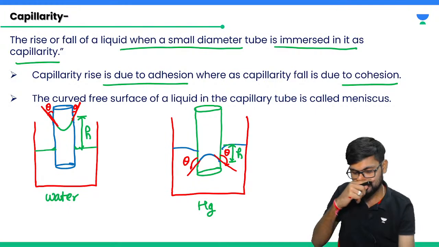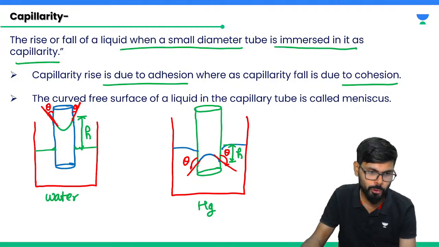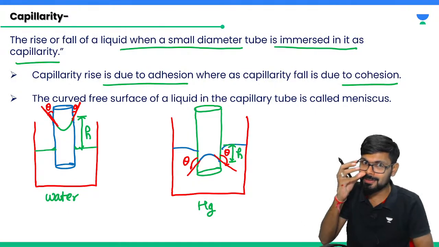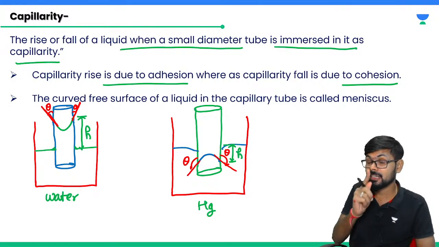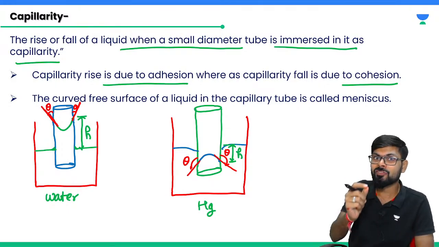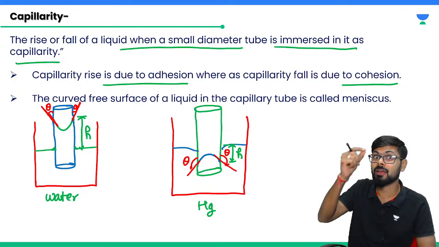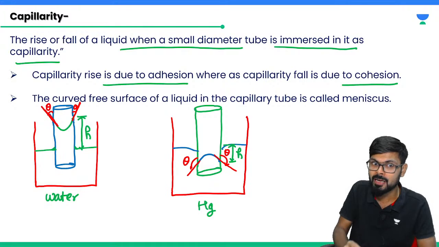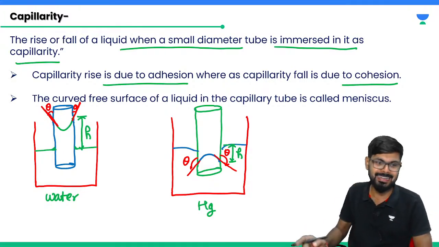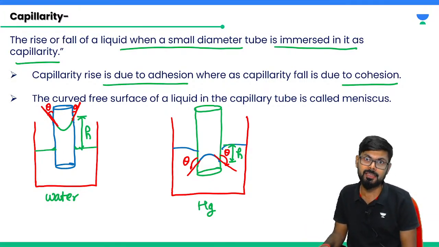Correct na? So that is one terminology, but not required for you. Now please listen to this point carefully: the strength of capillary effect is measured by this angle of contact, that is theta.